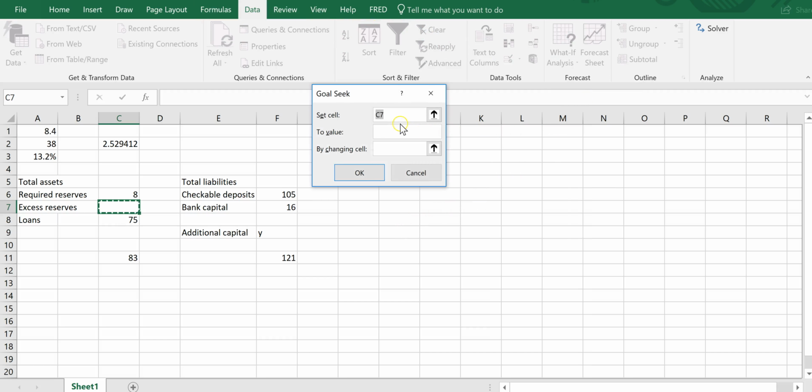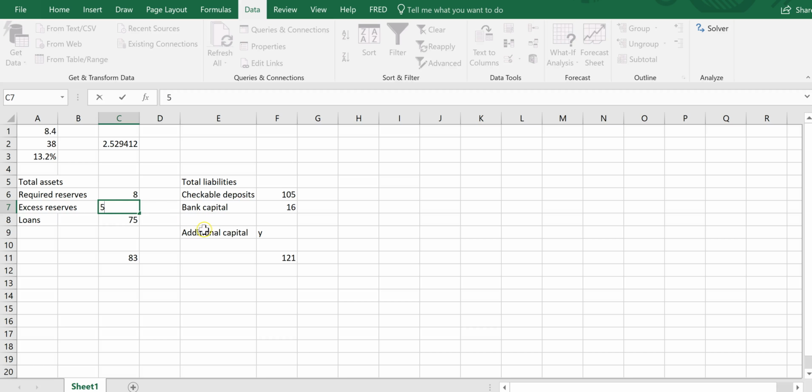we have to set a goal, a target cell, or an object cell, and the target to a value, and then this variable, basically the excess reserves. So we can assume any arbitrary number. Let's start from 5. Okay, we use the 5 here. And that excess reserves, remember, why don't we use 38 plus 5, which is 43.